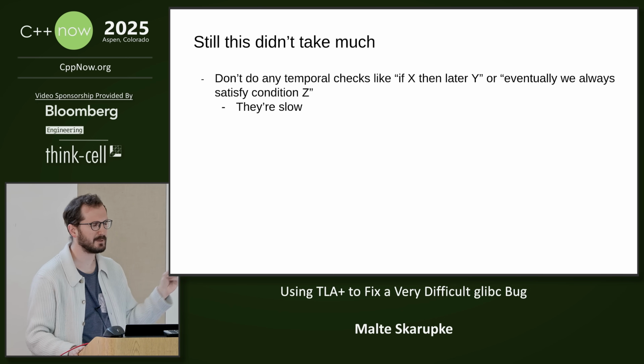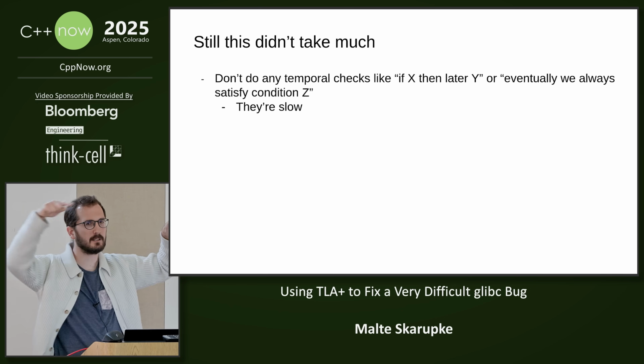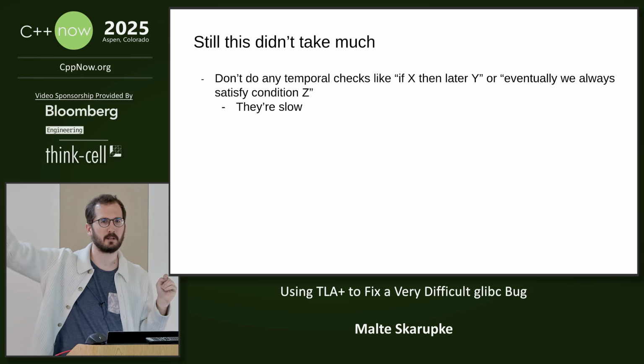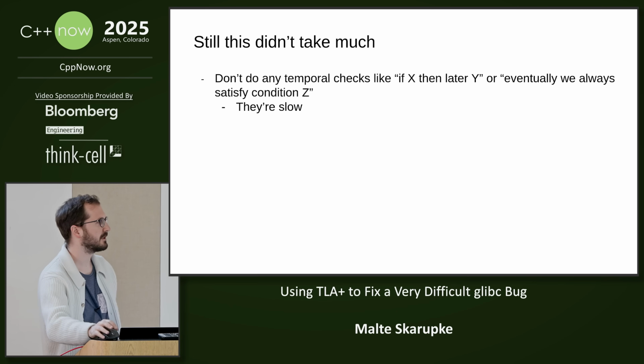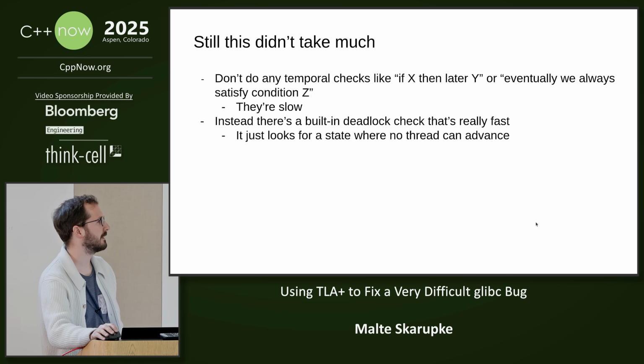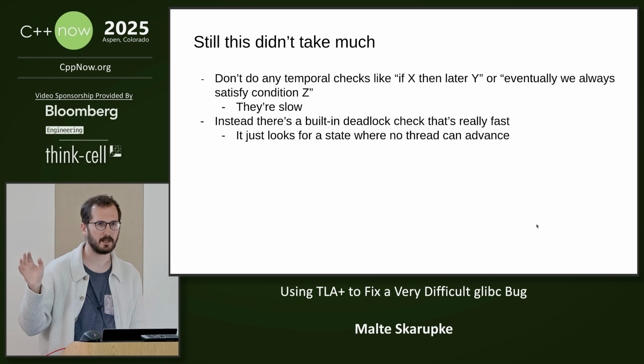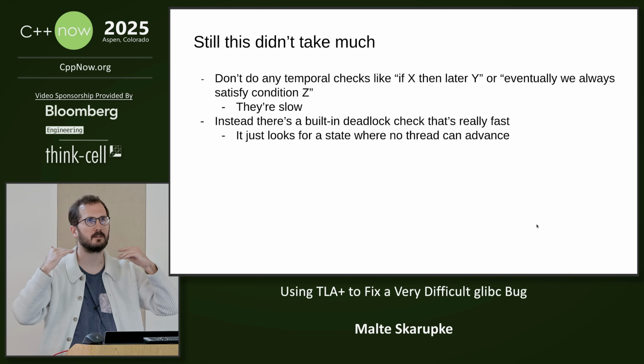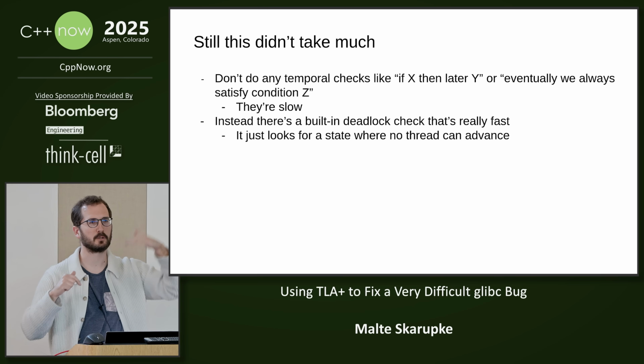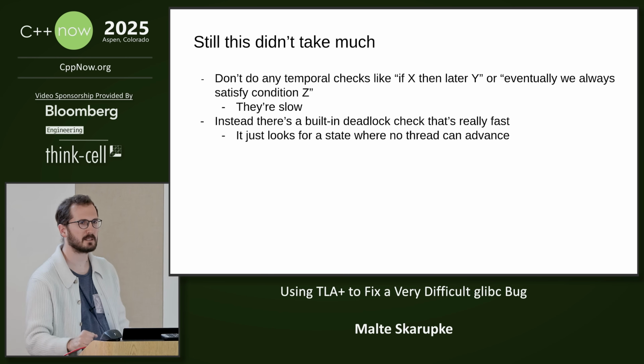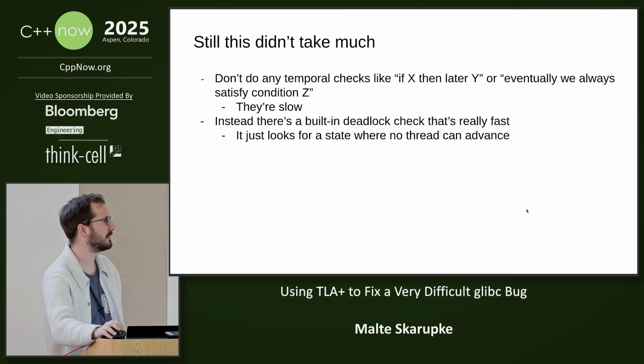I remember I had that check saying, if this is true, then squiggly arrow, at some point later in the future some other thing has to be true. They're slow, but there's a built-in deadlock check that is really fast, because all it has to do is walk down the tree until it finds a state that cannot progress. So it's already built into the tree exploration, and that was actually enough for this case.